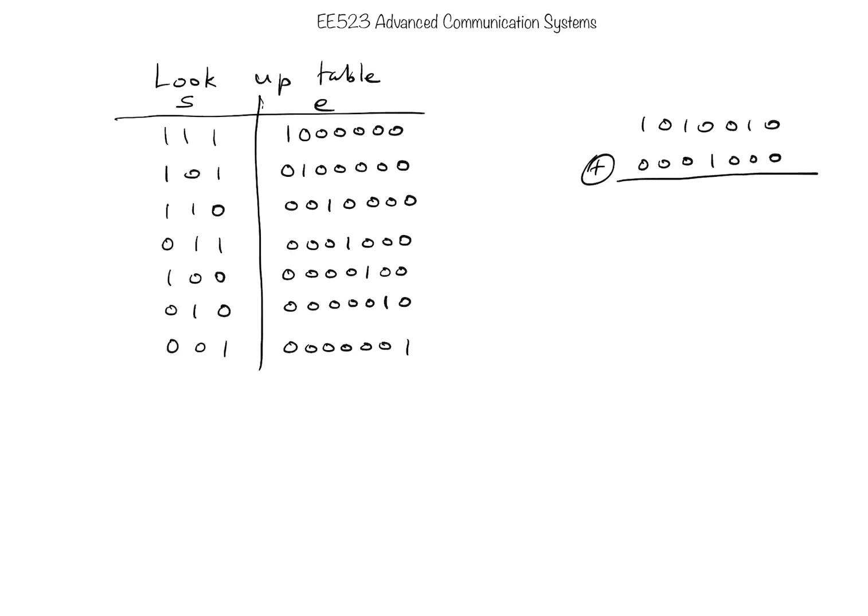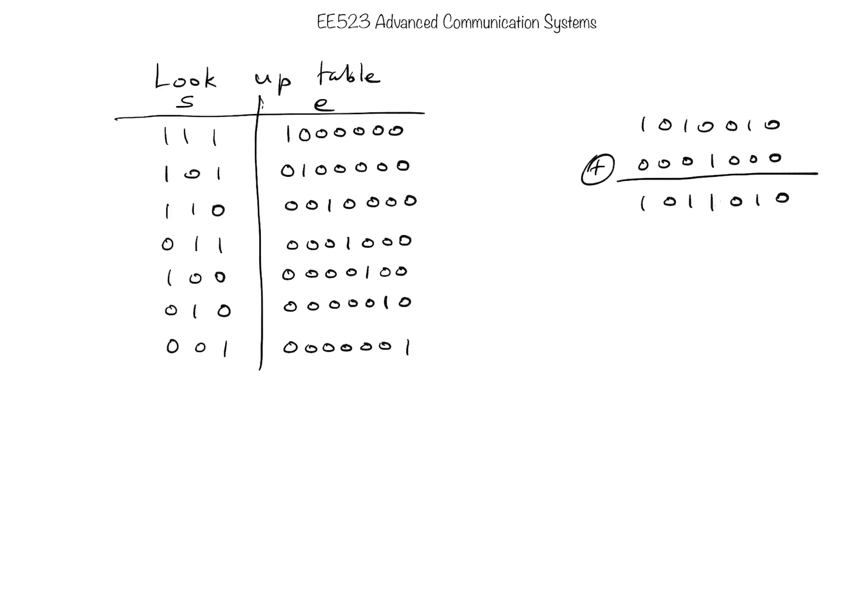So when you do modulo 2 addition for this, you get 1 0 1 1 0 1 0. So you got back the correct code word.